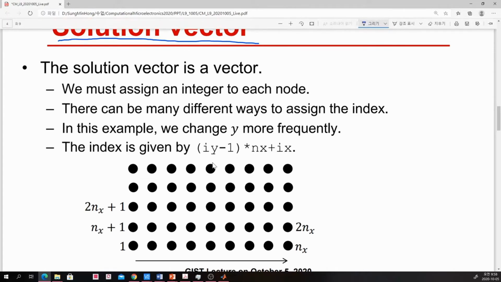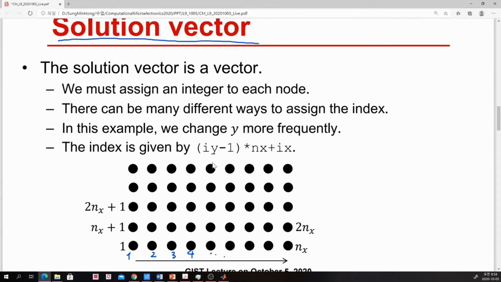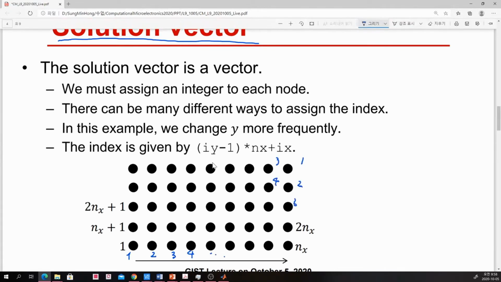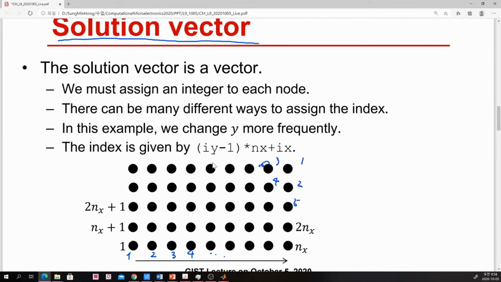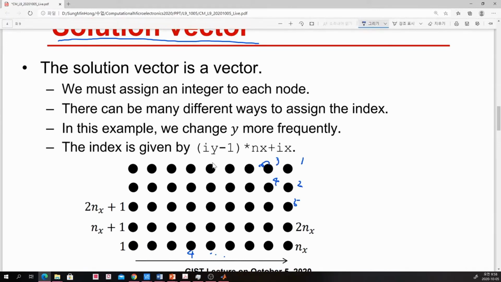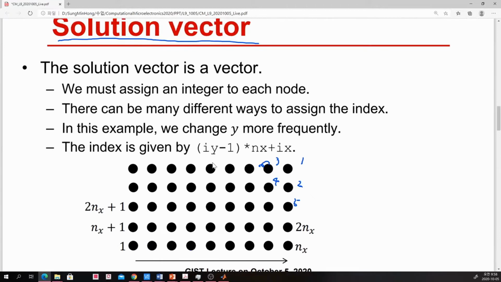For example, 1, 2, 3, 4, something like this. Anyway, it is quite acceptable, but we have to introduce a certain way to label them all.